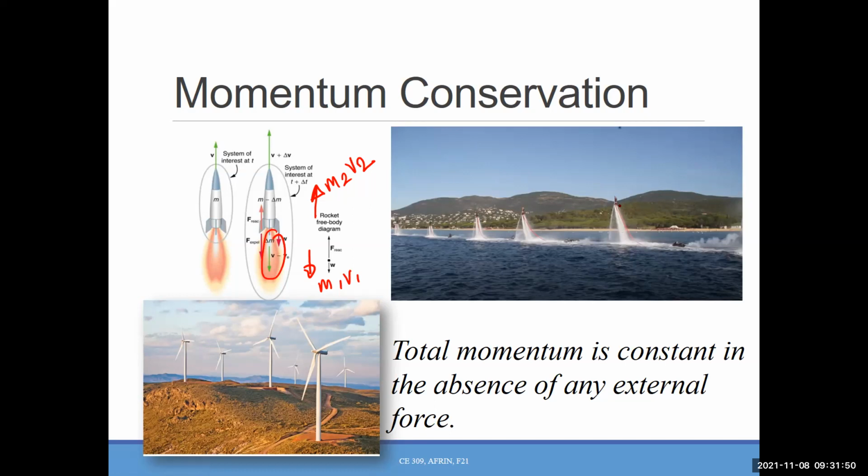The water comes out on this side, and to balance that, you can move to the other side and feel like Iron Man, I guess. All of these are momentum conservation: total momentum is constant in the absence of any external force. But if there is an external force, it will be the summation of external forces.